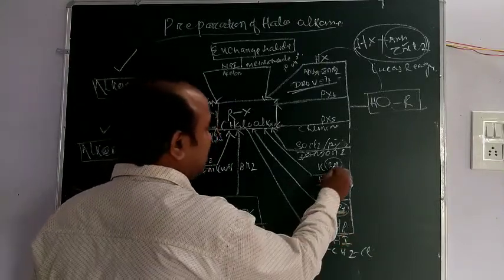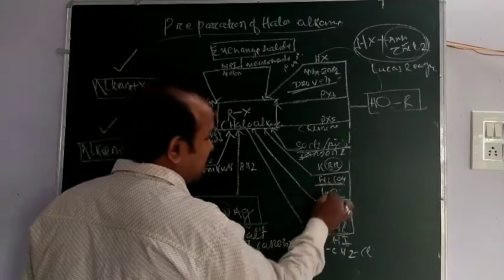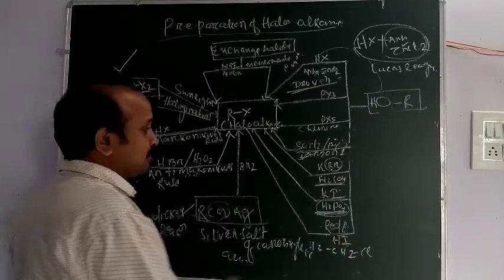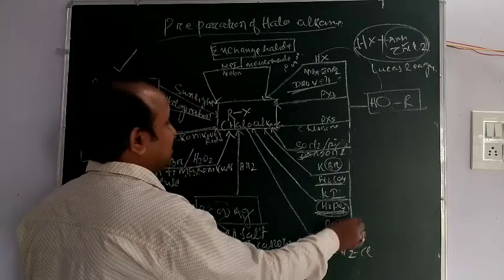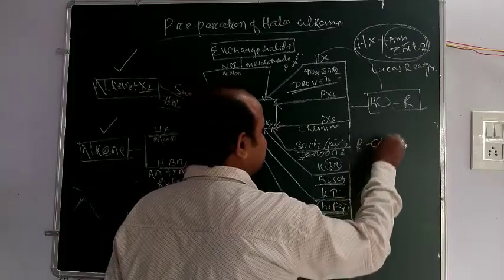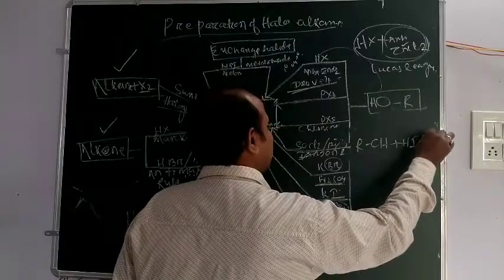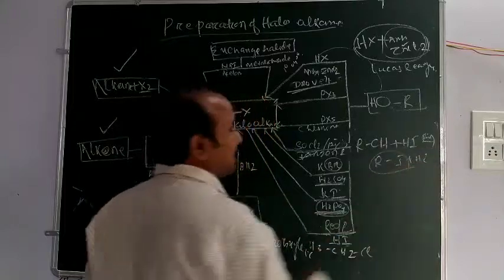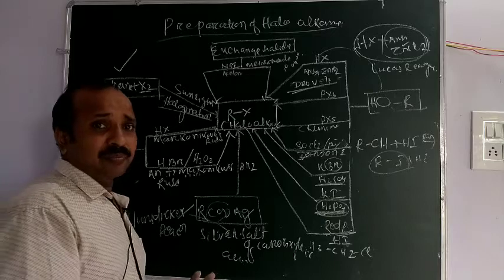Okay, for chloride or bromide it requires sulfuric acid, but for iodoalkane it requires H3PO4. Like that, red phosphorus with HI. Okay, if ROH plus HI in the presence of red phosphorus, then RI plus water. Okay, iodoalkane is formed. Clear?